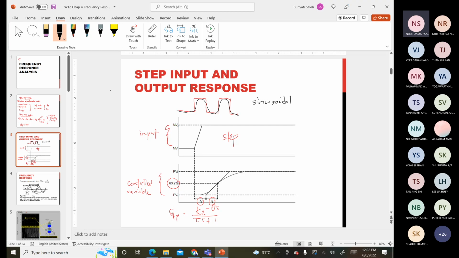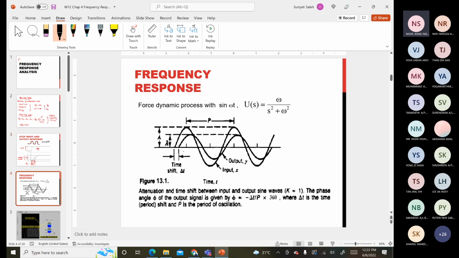So we take a look at the sinusoidal input. In this case, you have the sinusoidal like this. When you have a sinusoidal input based on the sine, this one is different compared to the step input. With the step input you just increase or you decrease and then you let it maintain.